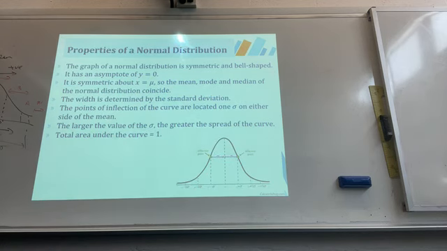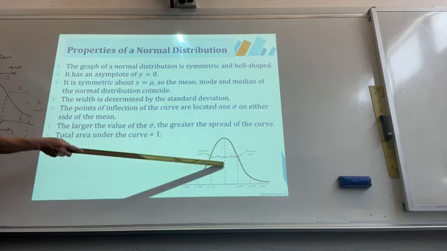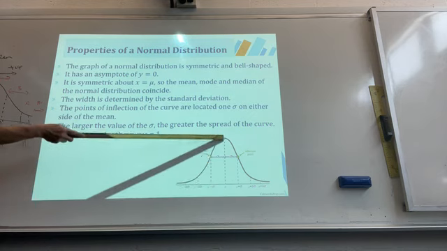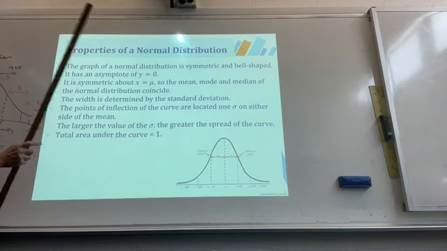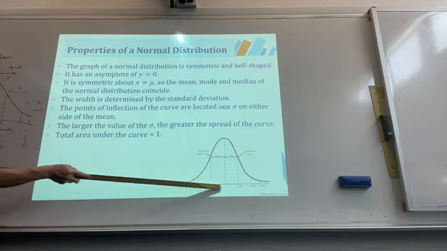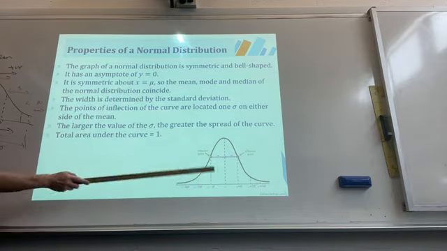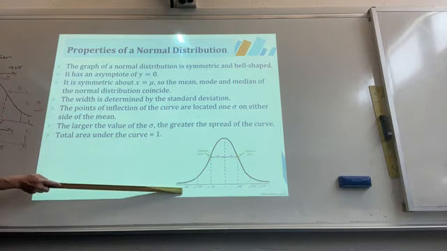Now, properties of a normal distribution: asymptote of y equals 0, because I am using the standard score. Asymptote of y equals 0 is the x-axis.